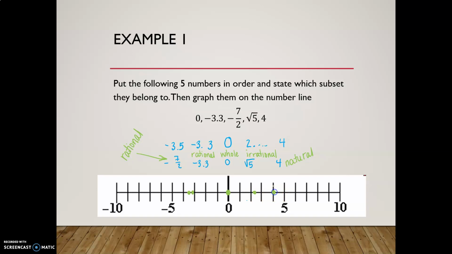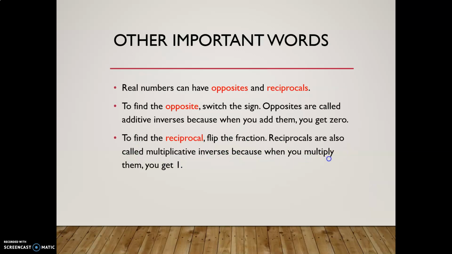Notice that the reason I don't care what 2 point what is, is because I only needed to know the decimal so that I could put it in order. I just needed to know if it was bigger than 4 or less than 4, and to plot it on the line. So once I know that it's 2 point something, there's not like specific marks of 2.1, 2.2. So I can just kind of estimate it, and that's all right.